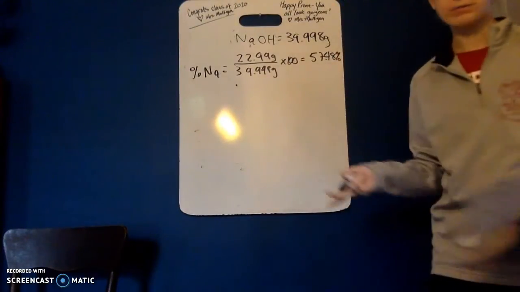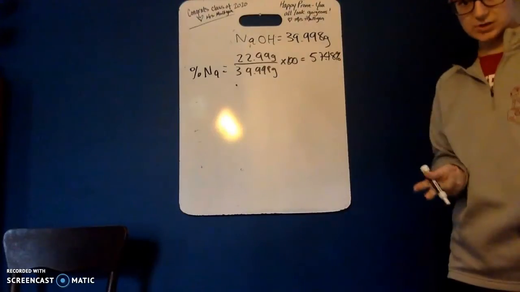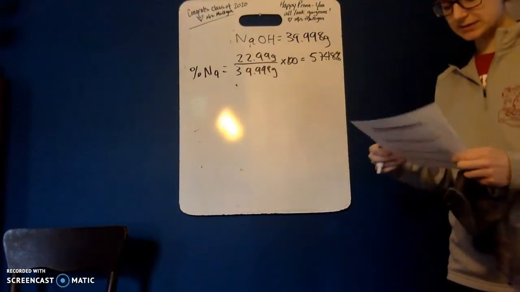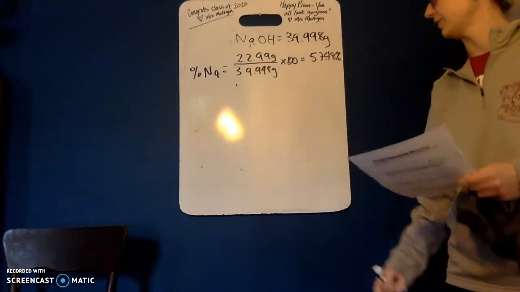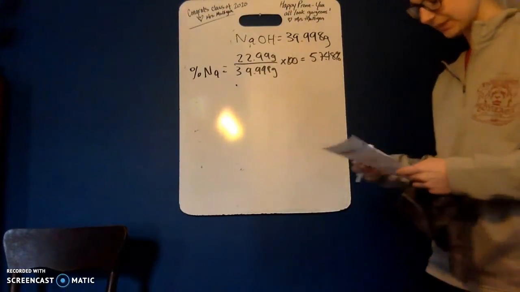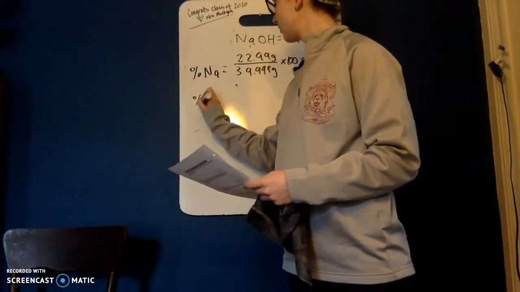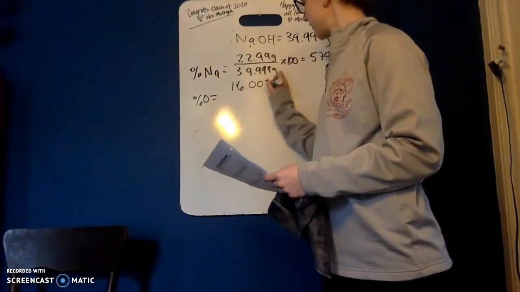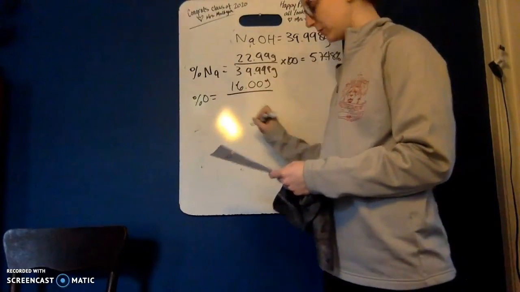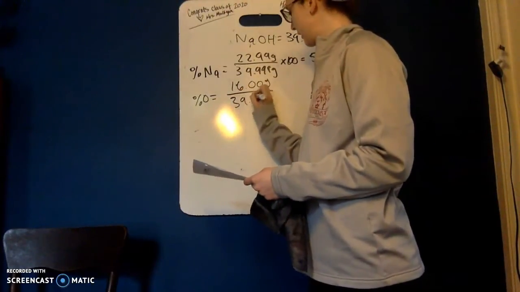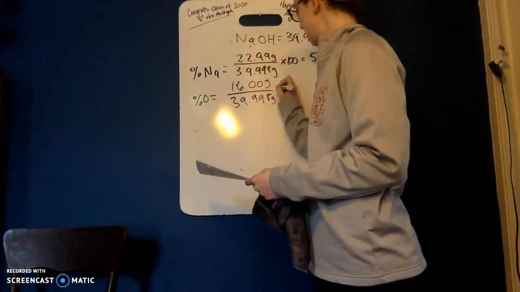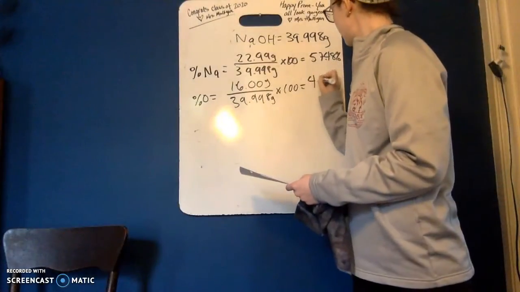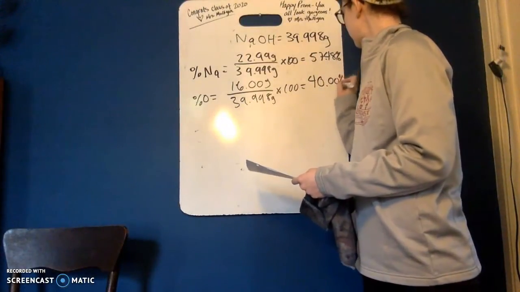57.48%. You may have rounded a little bit differently. I just usually like to carry about 2 decimal places just for good practice. But you may have rounded to 57%, and that is fine. For oxygen, we're taking the molar mass of oxygen, 16.00 grams, divided by the entire molar mass, which is 39.998 grams, multiplying by 100, and we get 40.00%.